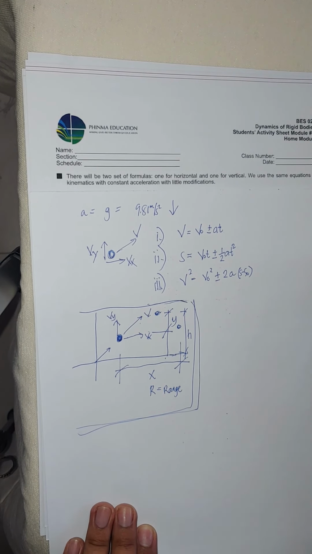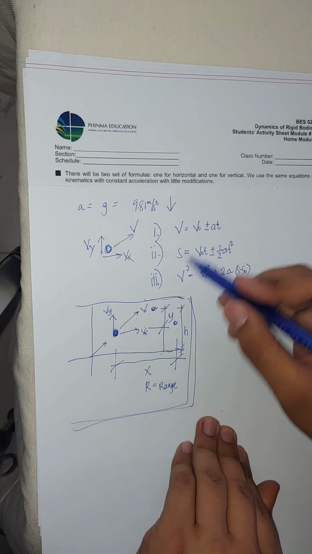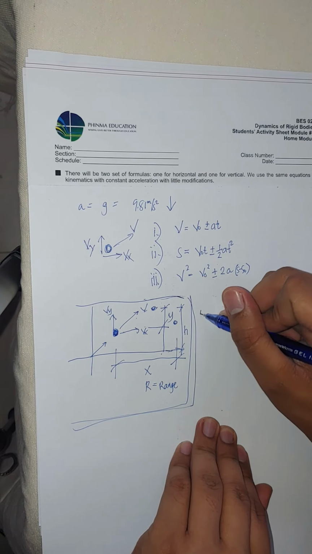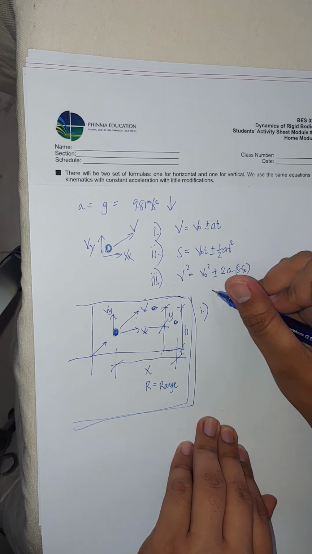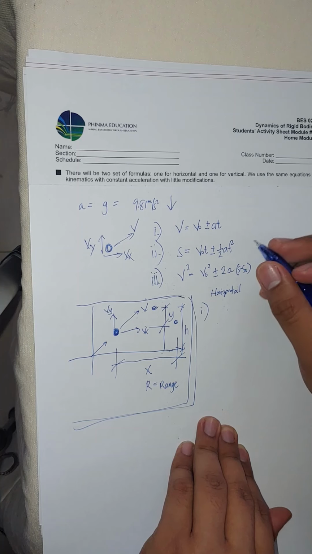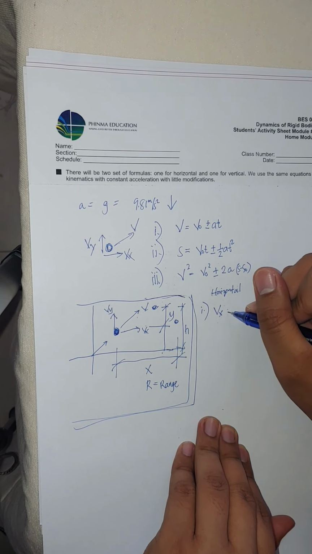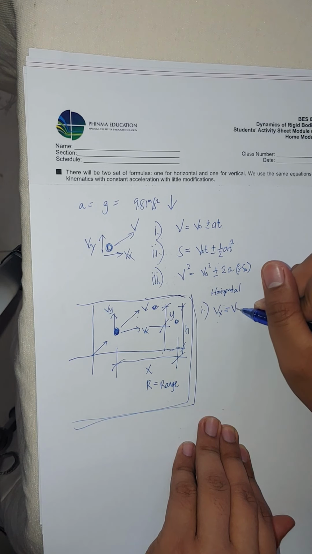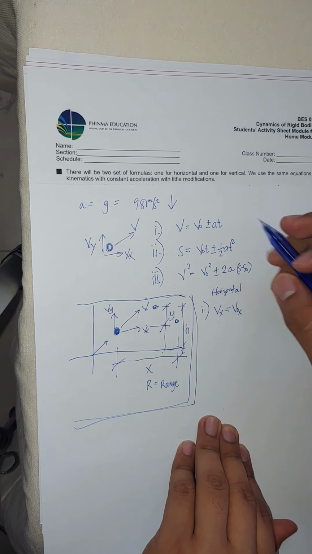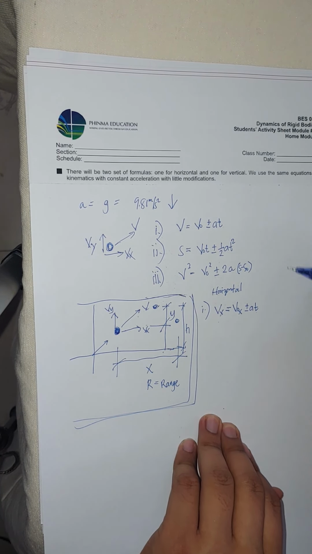Since the motion has two components, x and y, the first equation is for the horizontal. We can come up with this equation: the final horizontal component of velocity is equal to Vox plus or minus the acceleration times time.